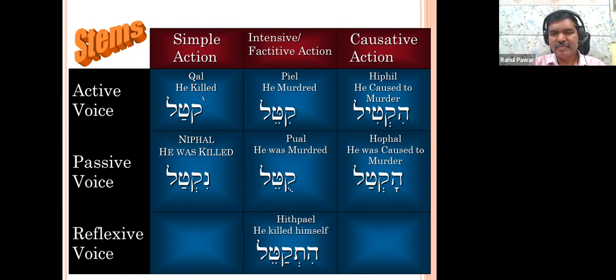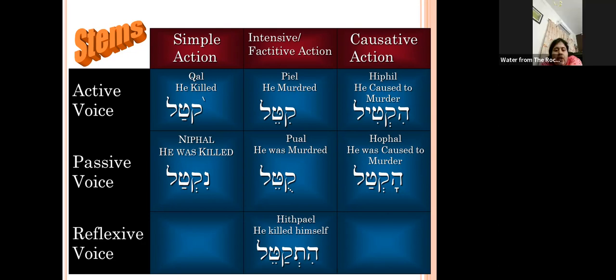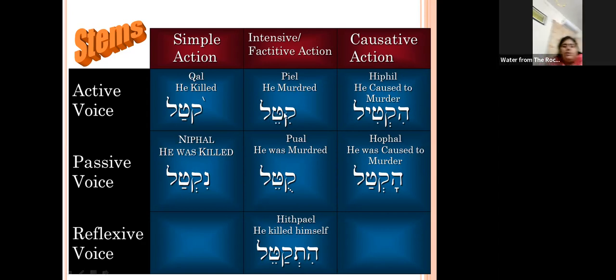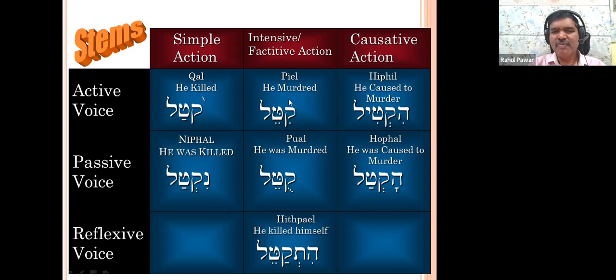In Piel, everything is with hireq. For the perfect, under the first letter you will find hireq, and in the second root letter you will find a doubling dagesh. This is the clue to remember this perfect conjugation of Piel.